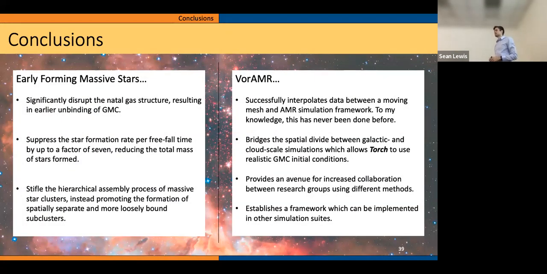That makes sense. I'm curious, when you're creating a sink particle, what is the criteria? Very good question. There are several criteria. One is the Jeans criterion, a length scale at which, for a uniform medium with certain properties, the gas will continue to collapse.